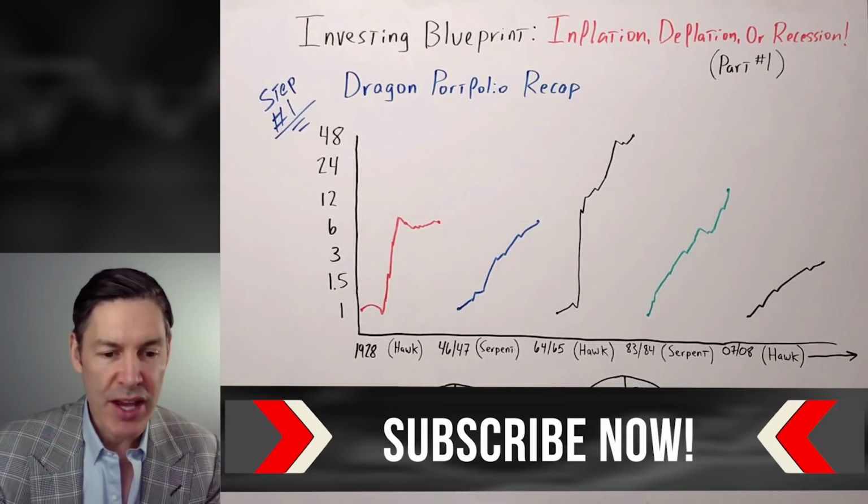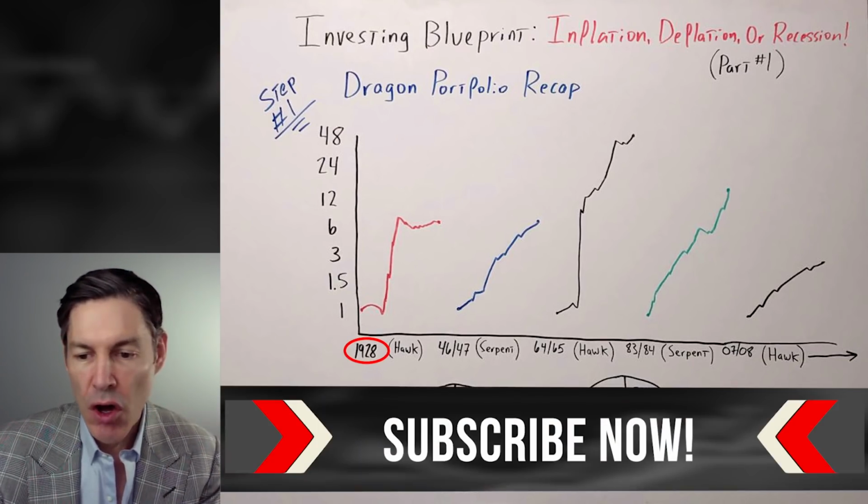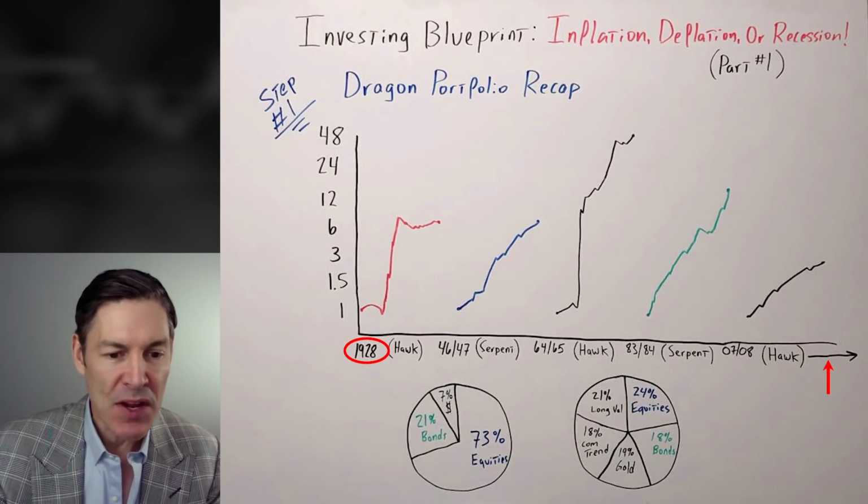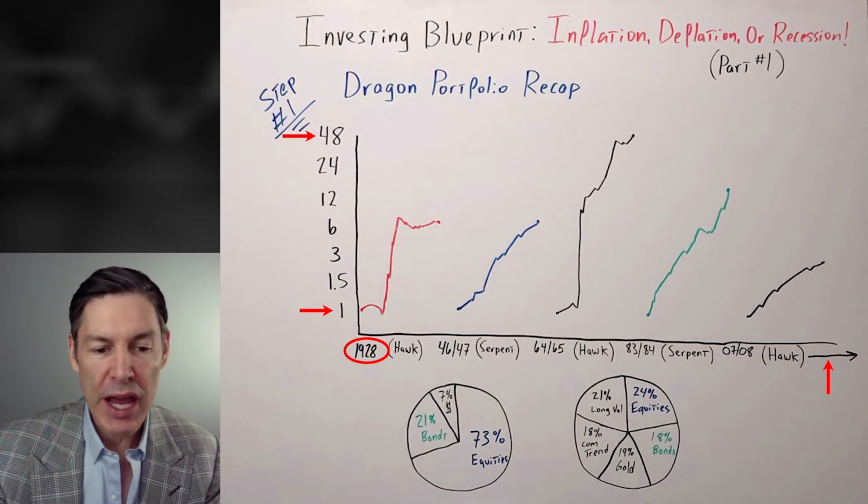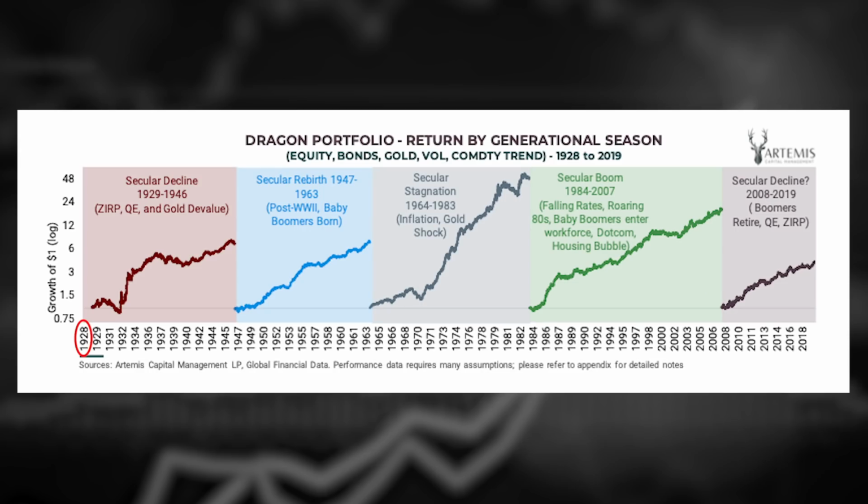Our chart starts at 1928, goes all the way to today's date. On the left-hand side, it starts at $1, goes all the way up to $48. So starting off in 1928, if you would have had $1 in Chris Cole's Dragon portfolio, at the end of this hawk cycle in 1946, you'd have $6.